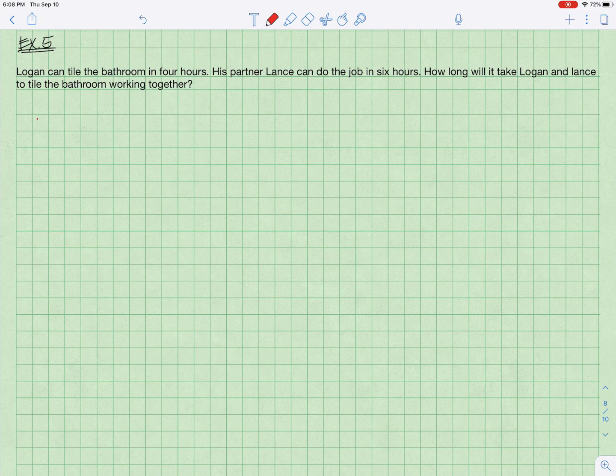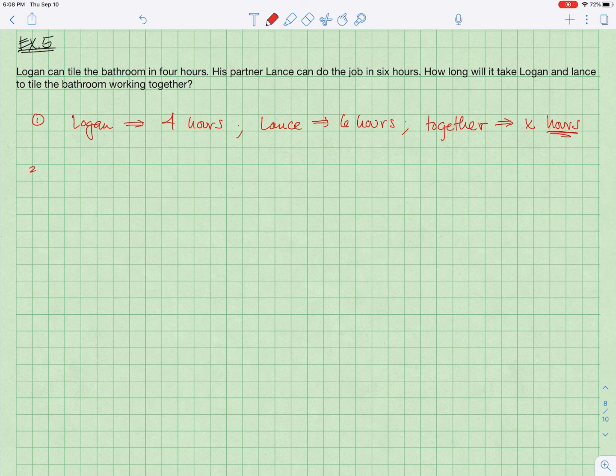Well, let's see here. In guideline number 1, Logan can do the job in 4 hours. Lance can do the job in 6 hours. And together, well, that's what we're actually being asked, right? So that's going to be X hours. So we're working in hours here. Those are our units of time.